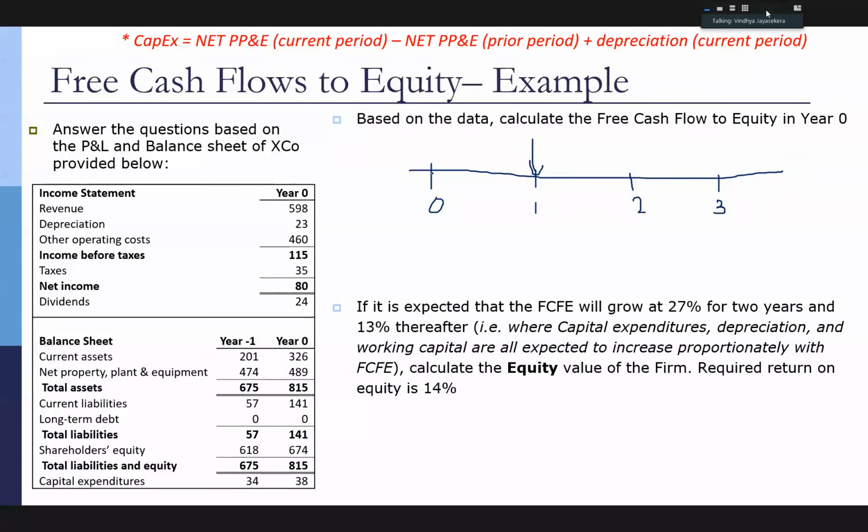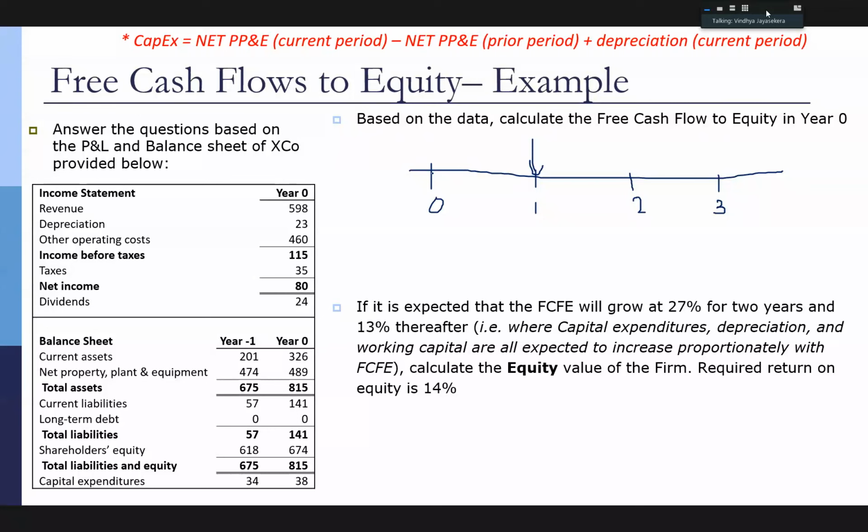Year 0, how much is your free cash flows to equity? 24, right? So you start with 24.